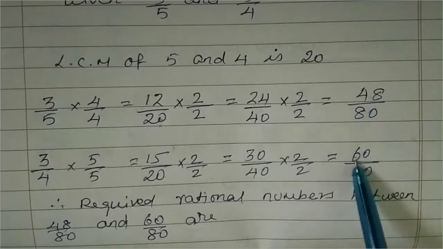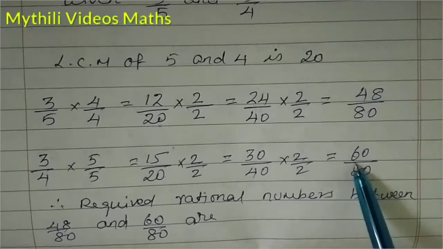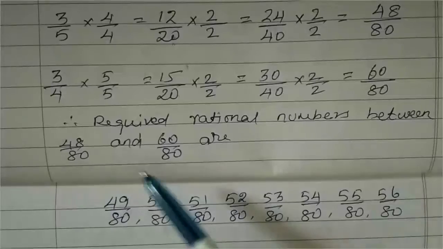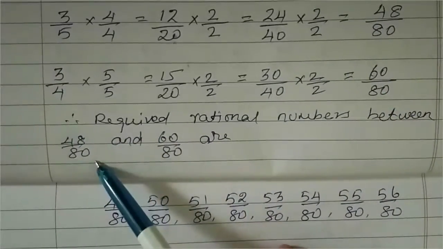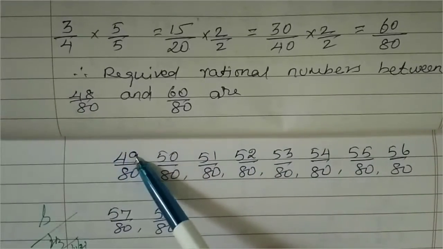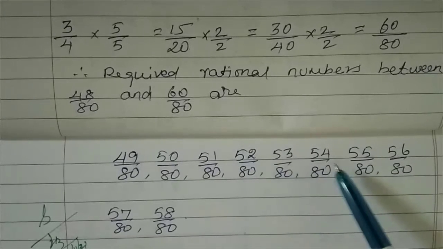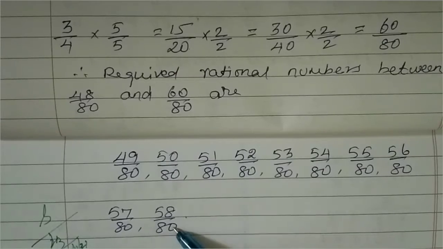Now just compare 48 and then here 60. So from 48 to 60 so many rational numbers are there. Not only 10, many numbers are there. So we can write like this. Therefore, the rational numbers between 48 by 80 and 60 by 80 are: after 48, 49 by 80, 50 by 80, 51, 52, 53, 54, 55, 56, 57 and 58.